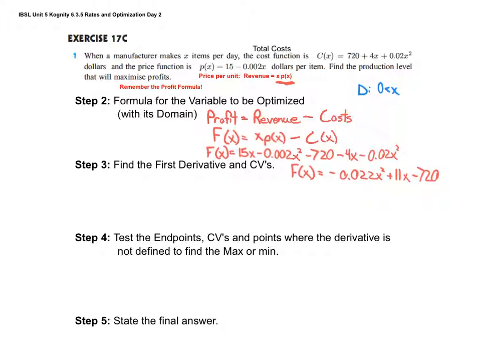That wouldn't make sense. So if we do 15 minus 0.002x equals 0, then 15 would equal 0.002x, and if I divide, that's going to make it 7,500. So x has to be between 0 and 7,500.